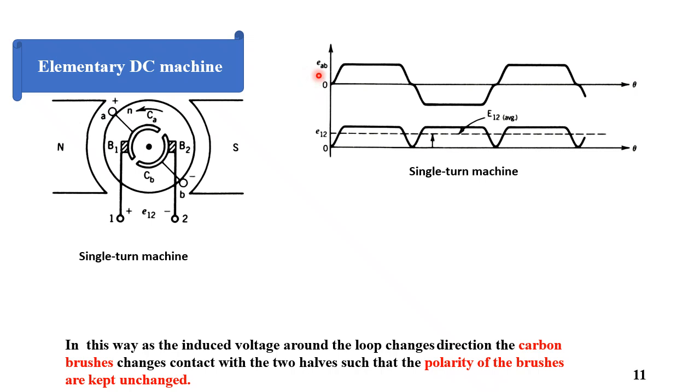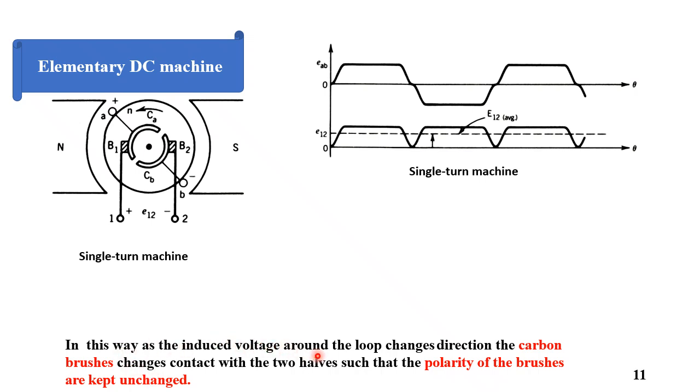For the elementary machine, the induced EMF across the conductor AB will reverse direction every 180 degrees. And the induced EMF across the brushes, which is E12, will always be positive. This is the voltage across the brushes, which is always positive, and this is the function of the brushes and commutator.